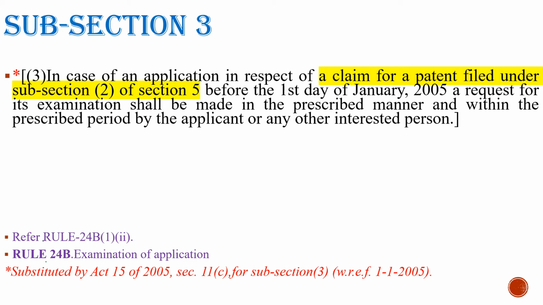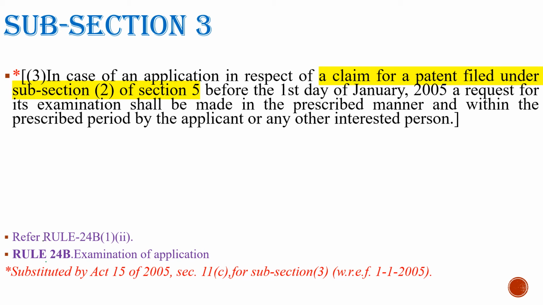So the meaning is very clear. In case of an application in respect of a claim for a patent filed under subsection 2 of section 5 before the 1st January 2005, because after that it is repealed, a request for its examination shall be made in the prescribed manner and within the prescribed period by the applicant or any other interested person in the same way.